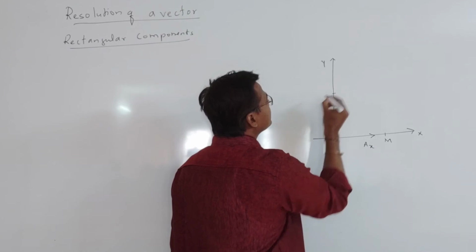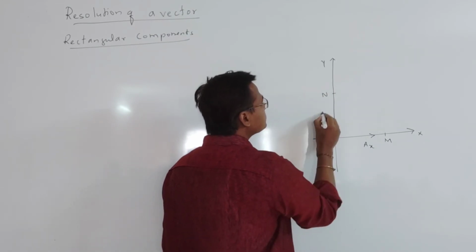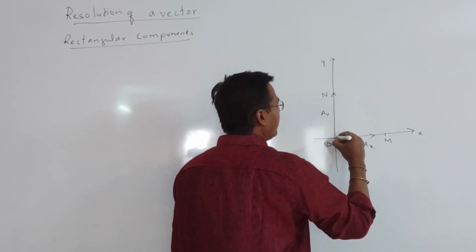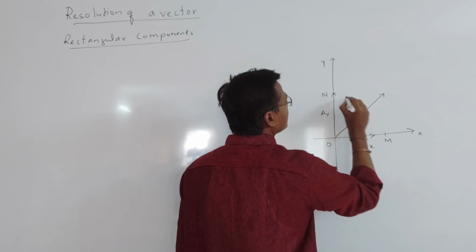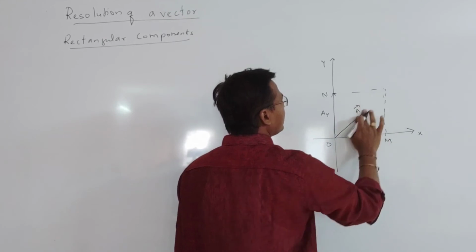Again, this is O to N, that is the ay vector. This is called the A vector. So this is one perpendicular line we are going to draw.